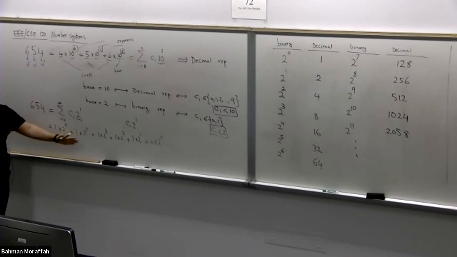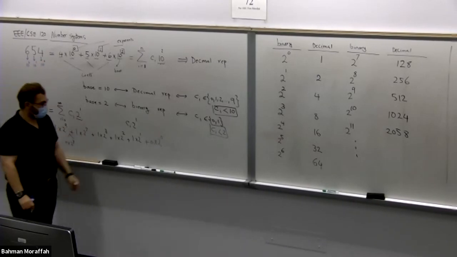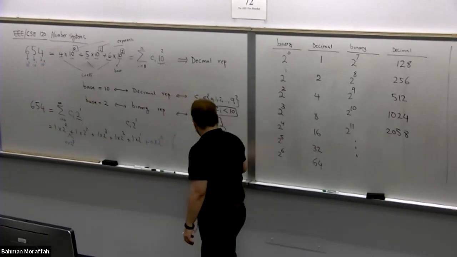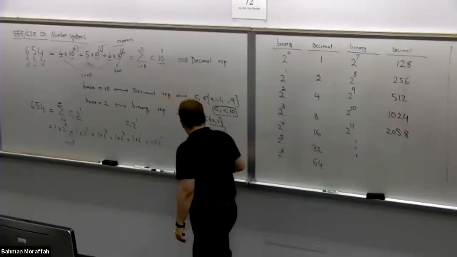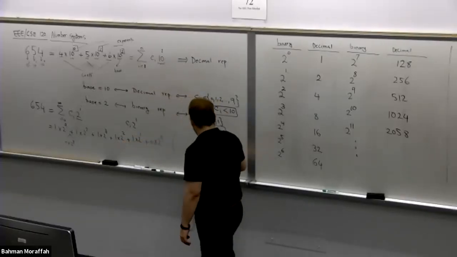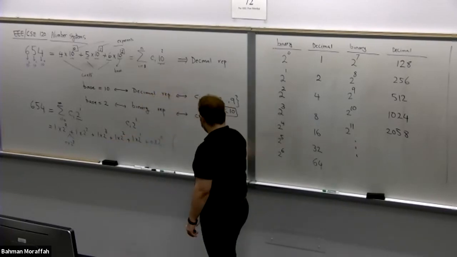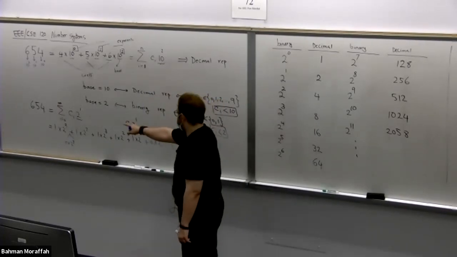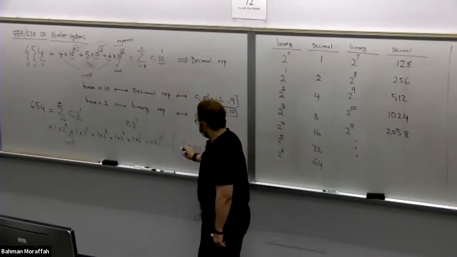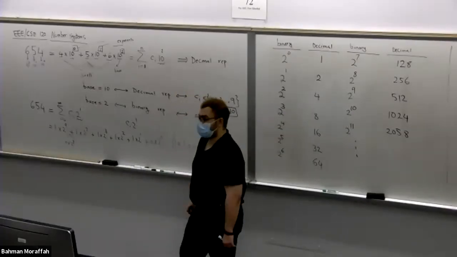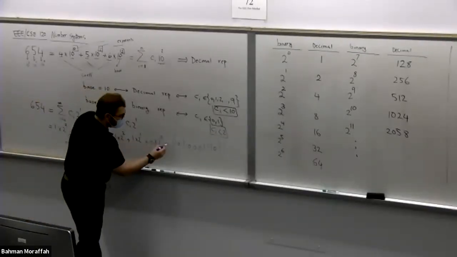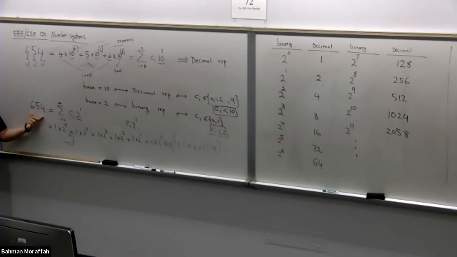With this logic, if I put everything together, what do I get? 2 to the power 0, that's a 0, so I have a 0. 2 to the power 1, I have a 1. 2 to the power 2, I have a 1. 2 to the power 3, I have a 1. 2 to the power 4, I have 0. 5, I have 0. 6, I have 0. 7, I have 1. 8, I have 0. And 9, I have 1. So this guy over here is the binary representation of this number.